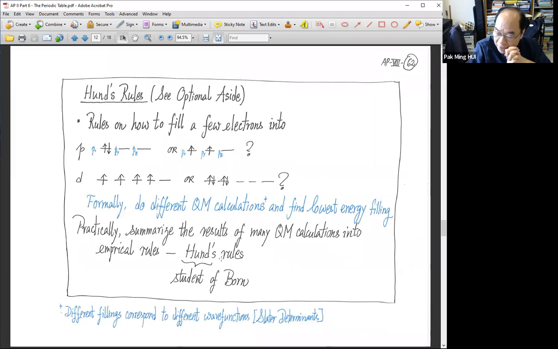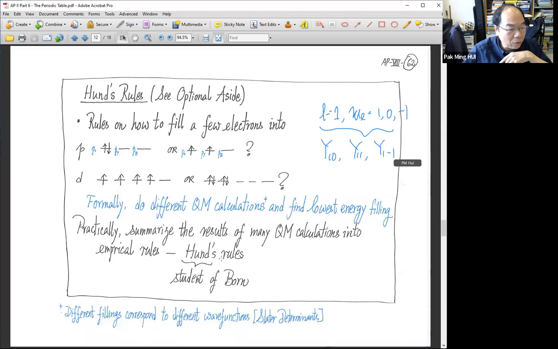Now we have 6p state. You know that p states means L is 1, ML is 1, 0, minus 1. And this has to do with Y10, Y11, and Y1 minus 1. Do you know what I'm talking about? Spherical harmonics.